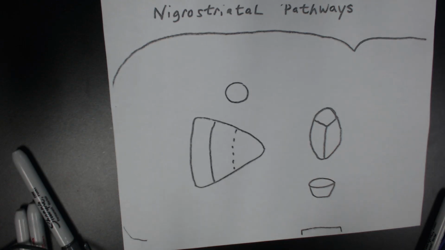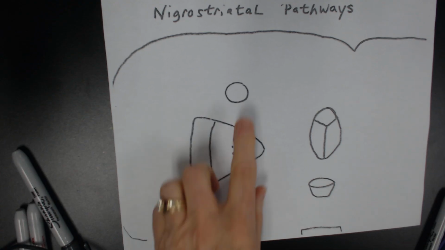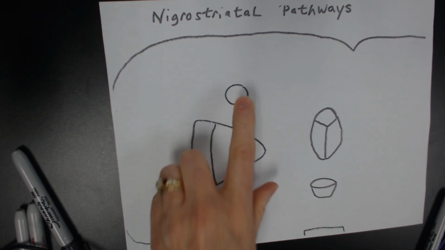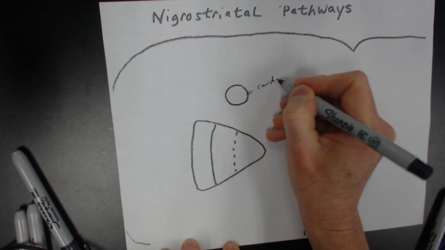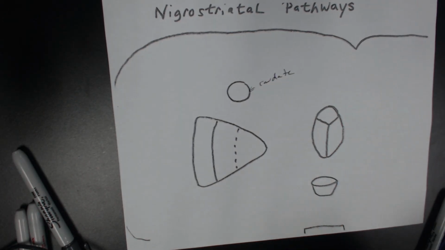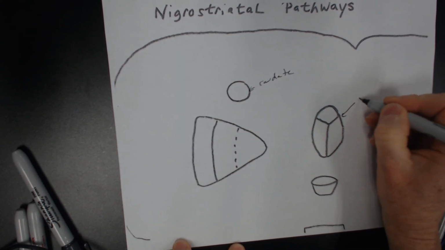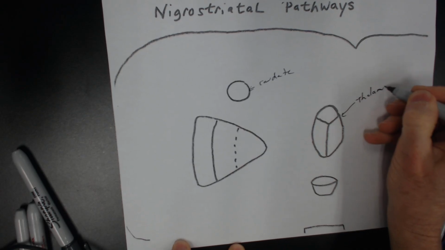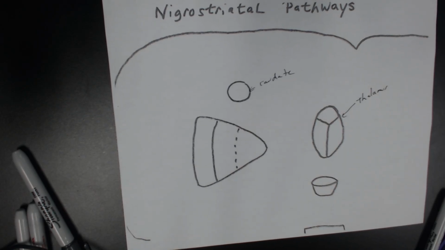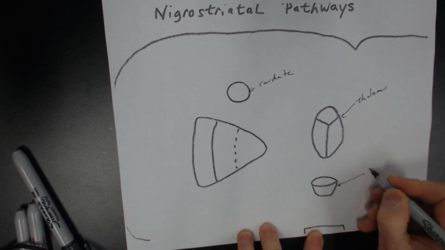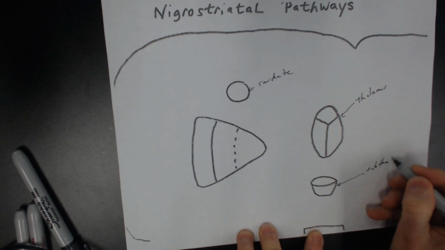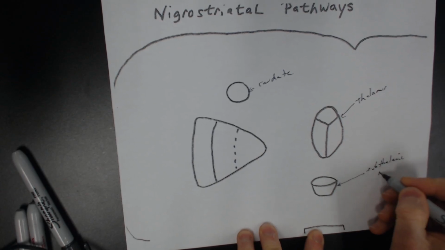As a quick review, let's go through and label some structures. Does anybody remember the name of this structure here? That's your caudate. Good. It's your caudate nucleus. Everyone knows this is your thalamus. Seen that a bunch of times. What's the thing underneath the thalamus called? Here's your subthalamic nucleus.